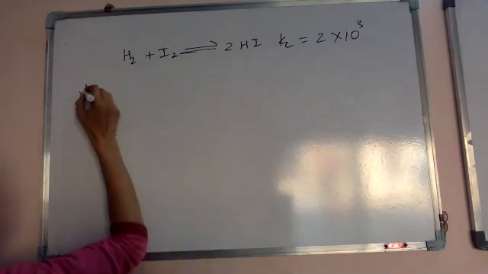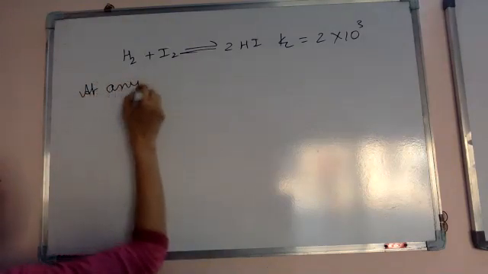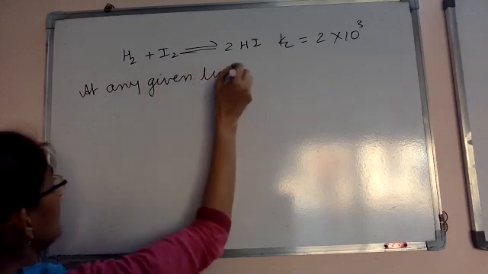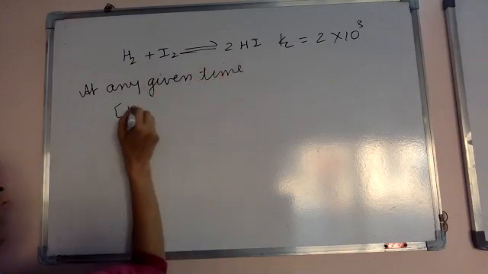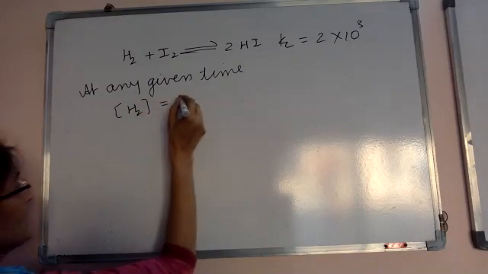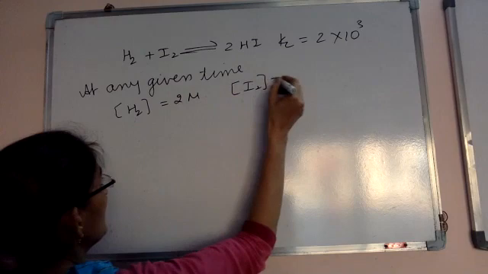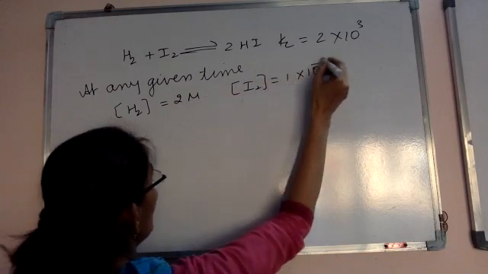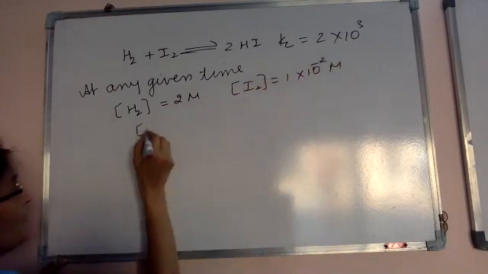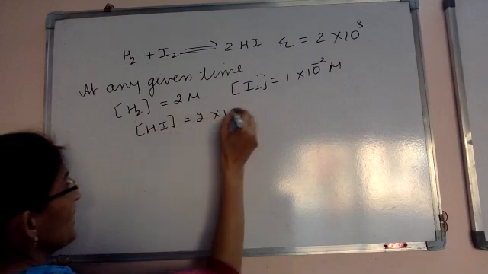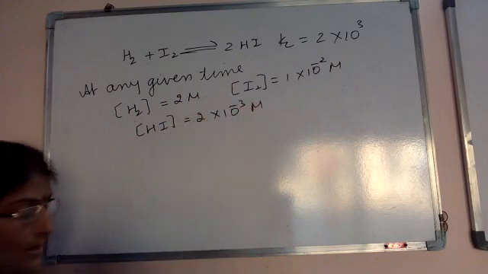At any given time, other than equilibrium, values of concentrations of hydrogen is 2 molar, that of iodine is 1 into 10 to the power minus 2 molar, and that of HI is given as 2 into 10 raised to the power minus 3 molar.